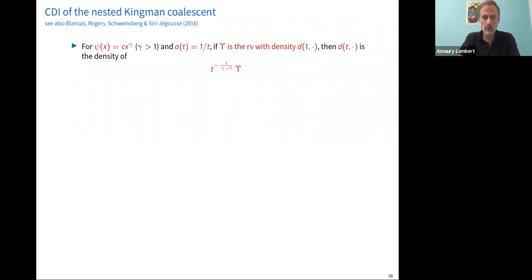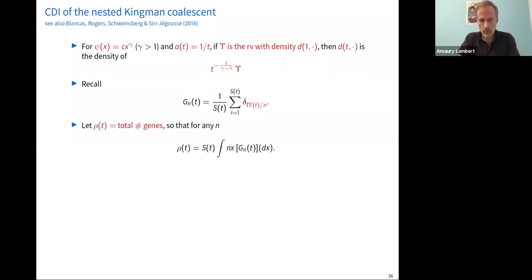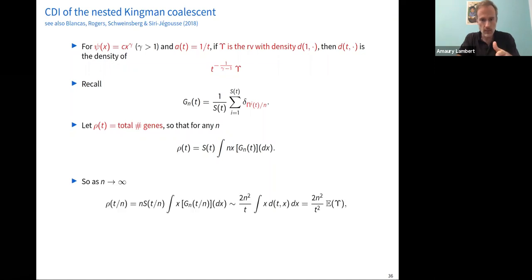And so you have this universal decrease in each species. And if you recall that Gn of t is defined this way, then I am a little behind, so let me accelerate. If you call rho of t the total number of genes, then you can show that rho of t goes down from infinity like 2 over t squared times some universal constant.